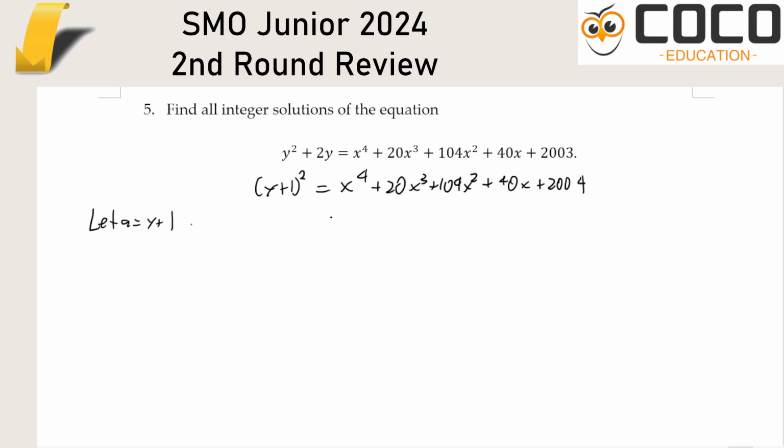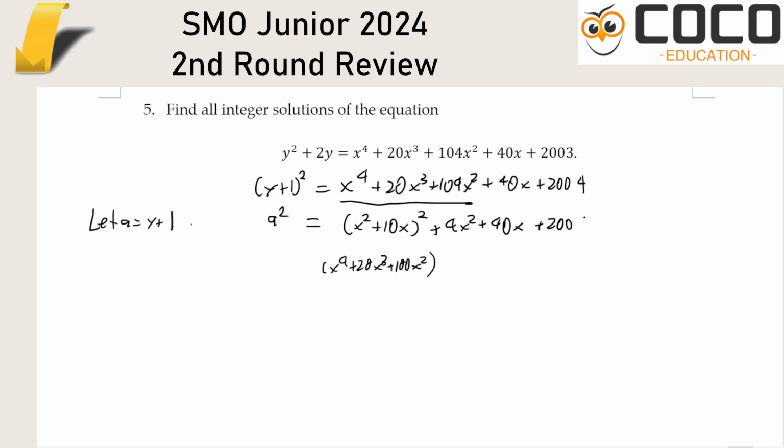I know it's a 4th power, but to complete the square, I can just focus on the front part first. Now, if I do this, that would be x to the 4 plus 20x cubed, that's what I want, and 100x squared. I'm left with, oh, that's great. I can go again.